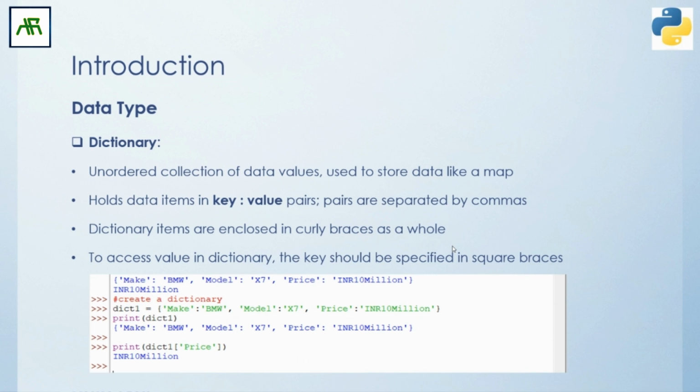Here is an example. It's a screenshot from the IDLE. Dictionary, make, model, and price. With a key value pair, key is make, model, price, and the values being BMW, X7, and INR 10 million. When you print, you get the values as defined or as entered. When you print the price of dict1, you have the third key as price.